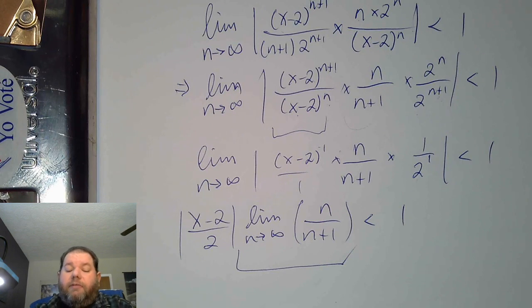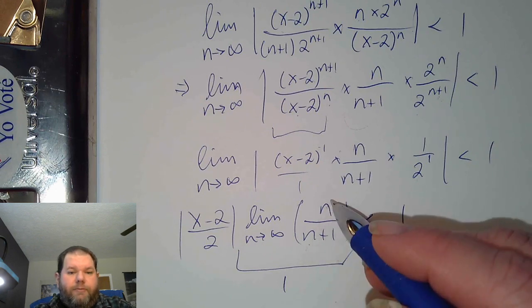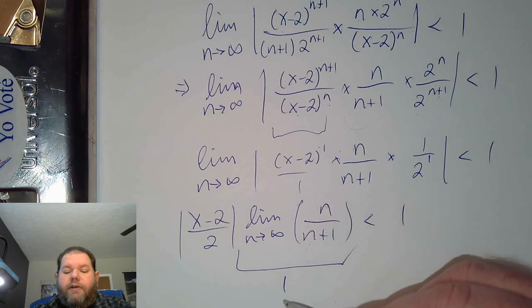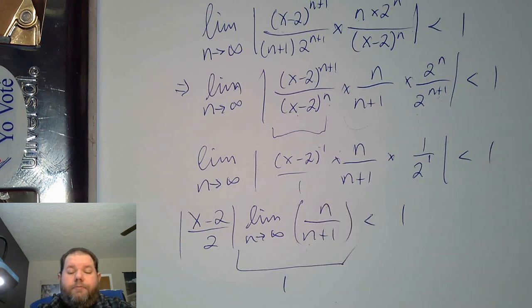But ultimately, the limit here is 1. It's n over n. These are identical variable terms, and so we just take their coefficients as the limit, which is 1 over 1, which is 1.